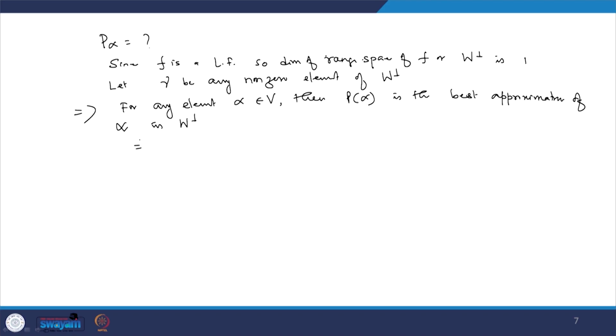So, this implies your P alpha will be equal to inner product of alpha gamma by norm of gamma square and gamma.